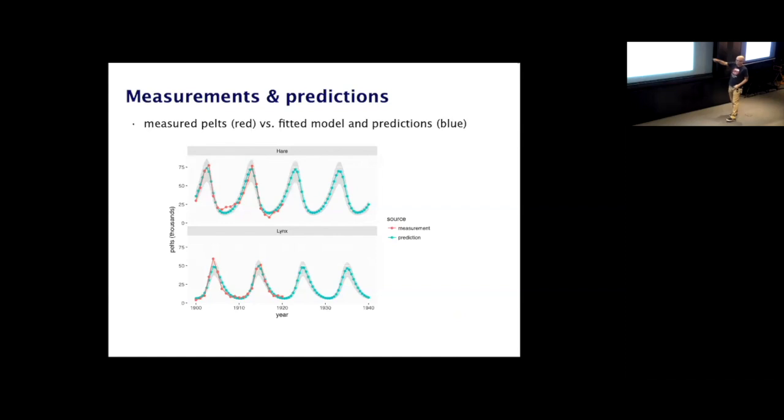What this is plotting is 90% posterior intervals, our uncertainty in that. We can see that the model's roughly capturing what's going on, but there are problems here. There are things that look heterogeneous compared to the nice smooth trajectory of the model, and that can come from, maybe, the hunters having trouble that year, who knows?